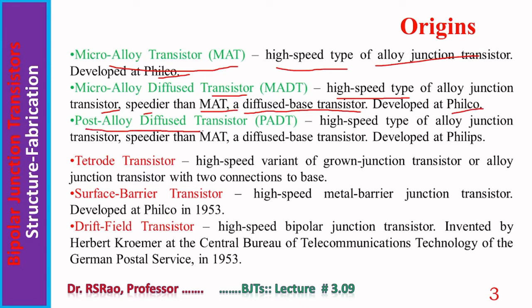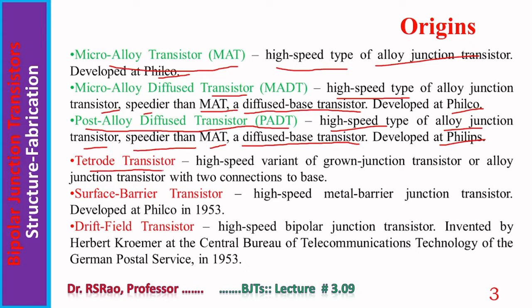Post alloy diffused transistor, PADT. It is a high speed type of alloy junction transistor. This is also speedier than the micro alloy transistor. It is a diffused base transistor like MADT, the previous one. It was developed at Philips.